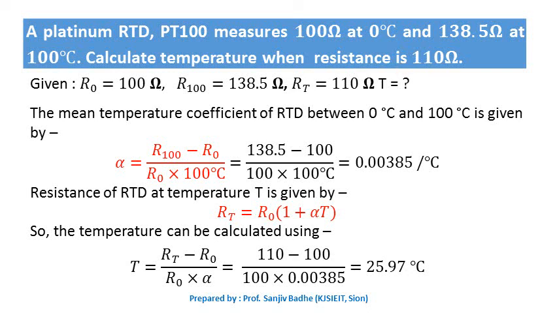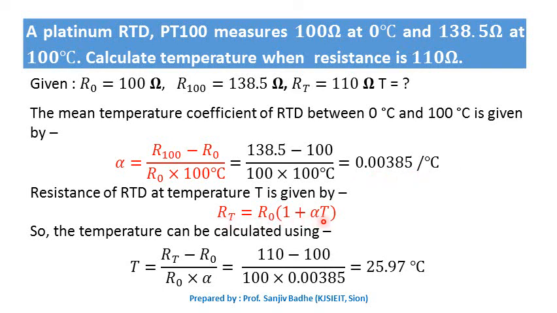Now resistance is given and you are asked to find out the temperature. So same way we will first calculate alpha, that is the temperature coefficient. So by substituting the value of R100, R0, we get alpha again as 0.00385 per degree Celsius.